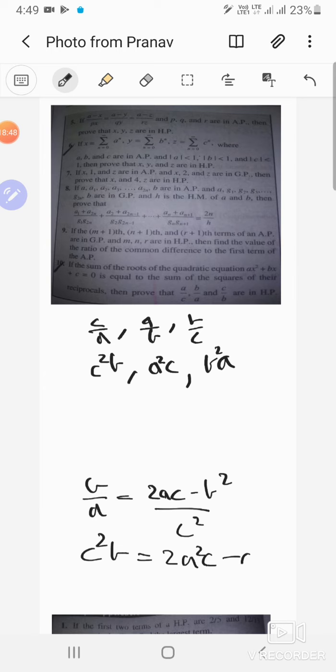So now we just conclude that 2a upon n plus d is equal to 0. We have to find the value of the ratio of the common difference to the first term of the AP. But we don't know what this thing is. We don't know the value of n yet.